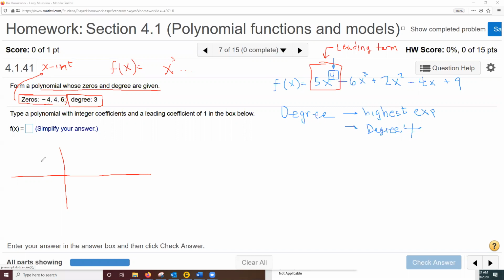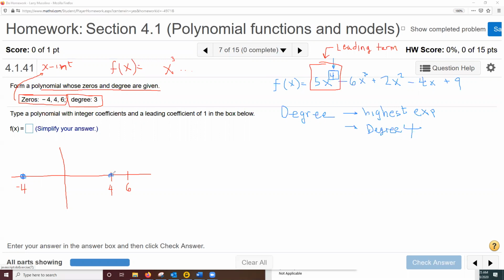So if I was to draw these zeros, here's -4, here's +4, and here's +6. So I'm going to put a blue dot at these x-intercepts because I know the graph has to pass through these points.